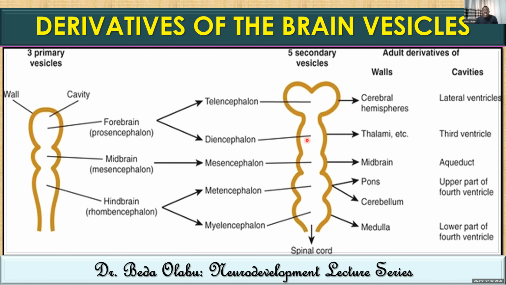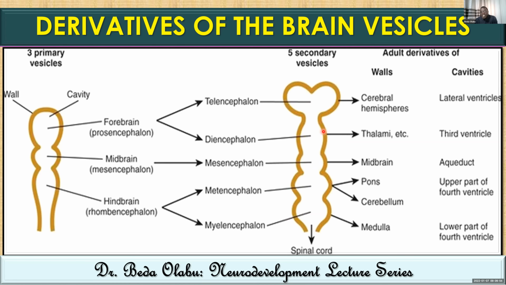How about diencephalon? Diencephalon gives us basically the components of the diencephalon that we know from gross anatomy. So the wall of diencephalon gives you the thalamus, hypothalamus, subthalamus, and epithalamus.